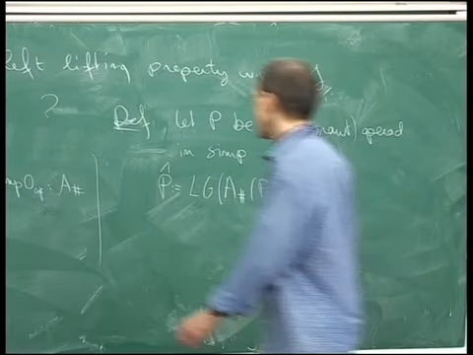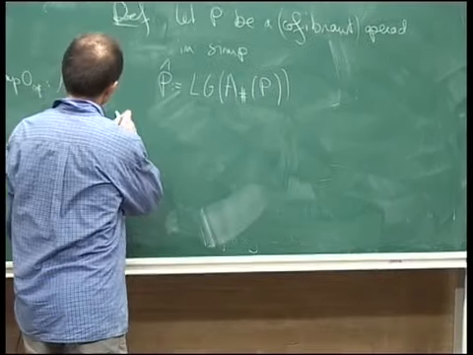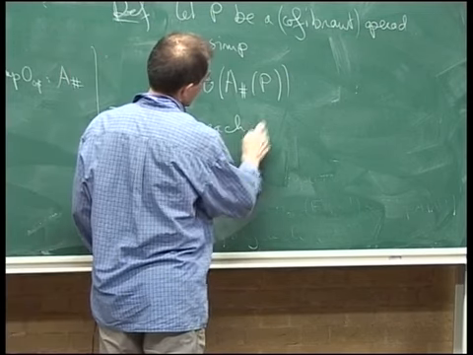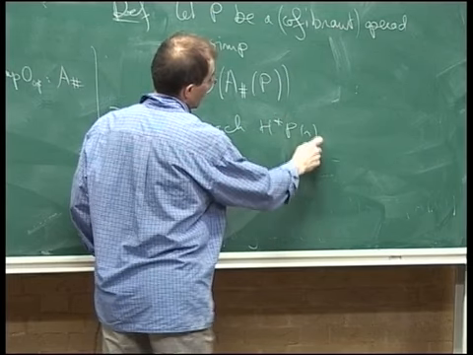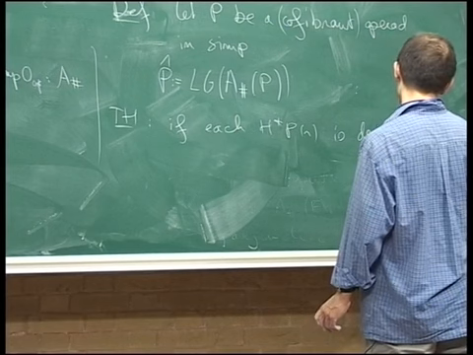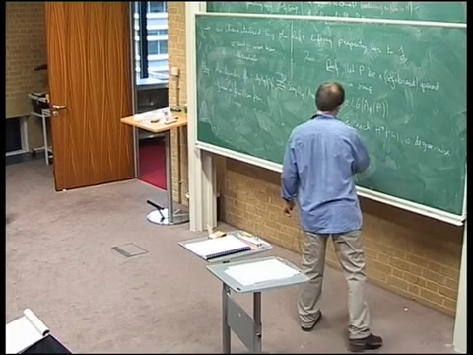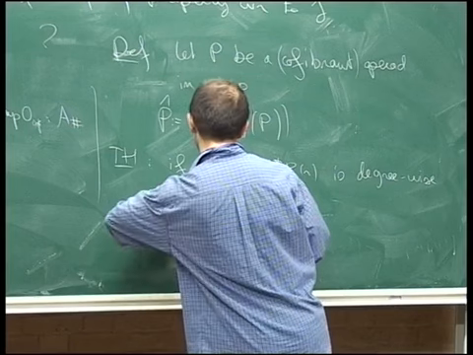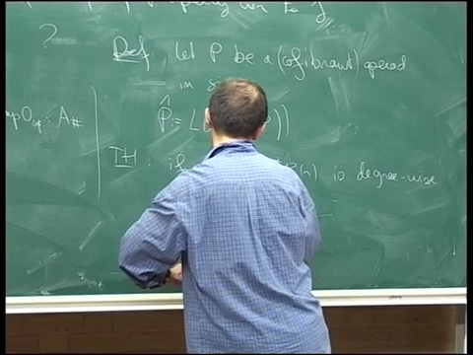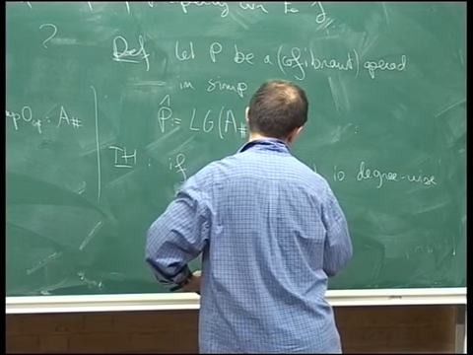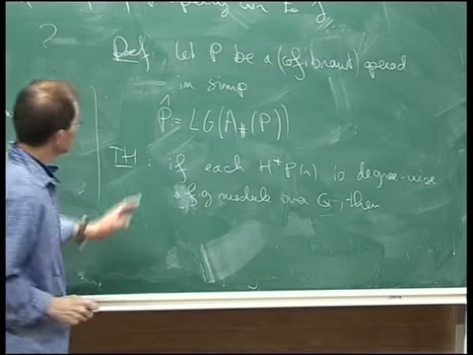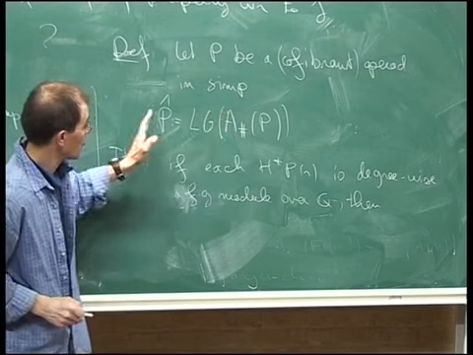So the theorem is, if the cohomology of P(r) is a degree-wise finitely generated module, then this P hat comes from an adjunction construction.